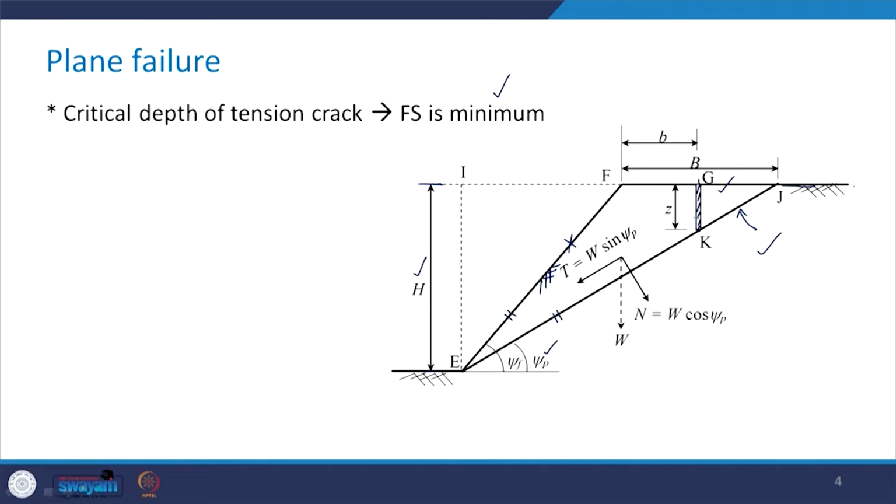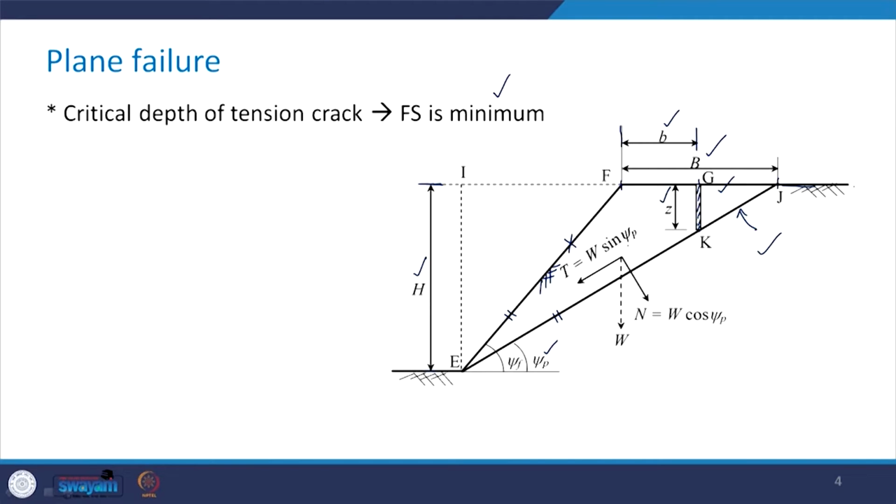So, this is the tension crack, and say the depth of the tension crack is Z. The width of this zone, that is FJ, is given by the dimension B. However, the distance of the tension crack from the crest of the slope is given by small letter b.